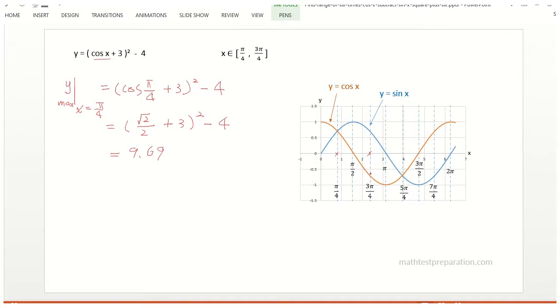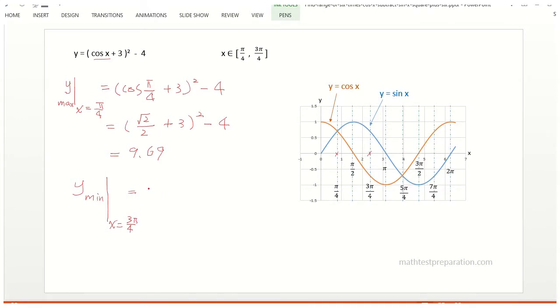When x is 3/4 pi, y has a minimum value. The minimum value of y is when x equals 3/4 pi.